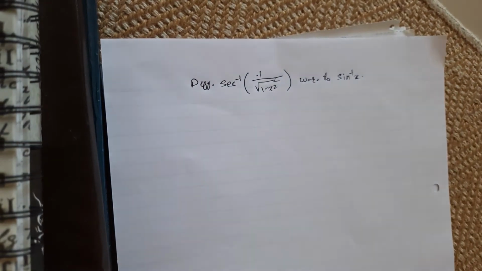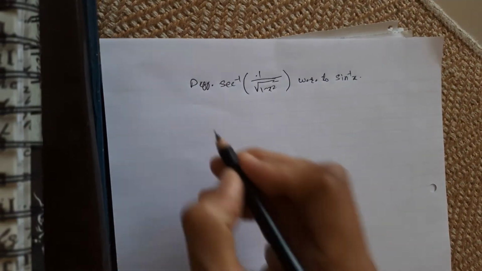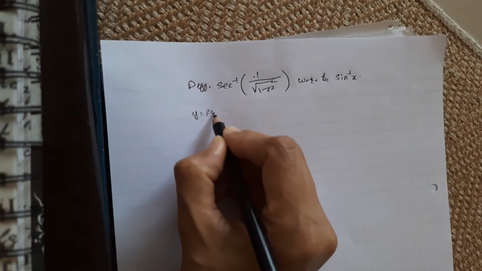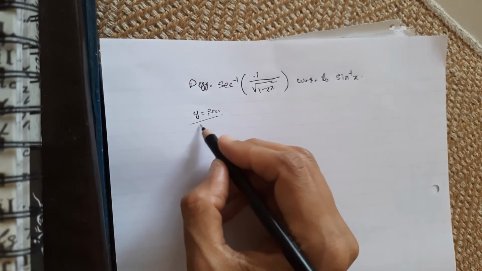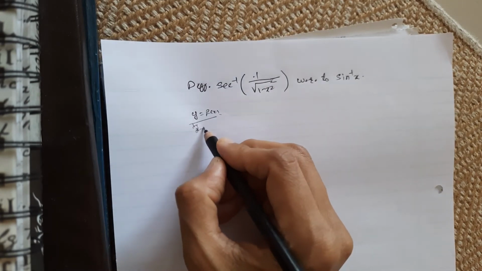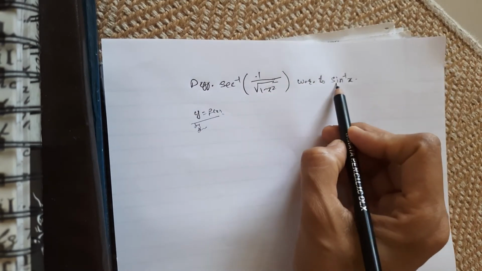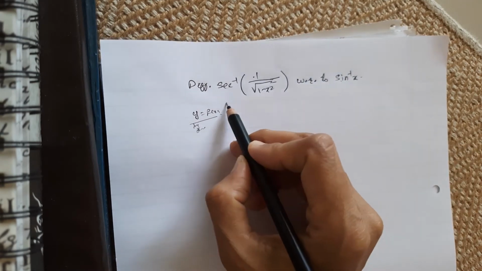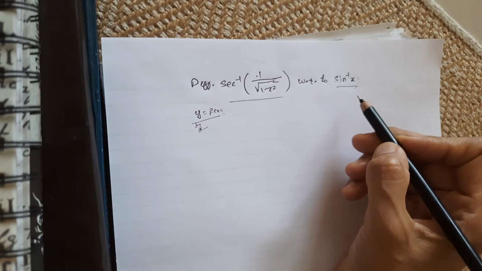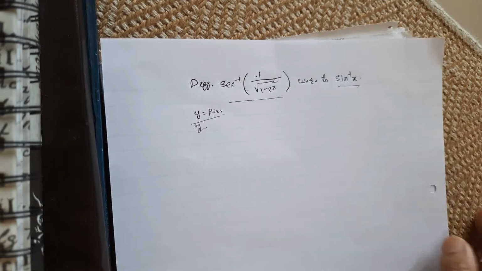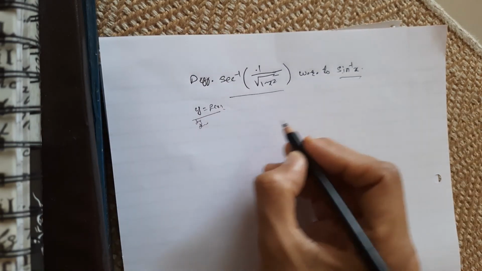Till now we have seen that y is given to us in the form of a function, and it is asked to differentiate with respect to x or find dy by dx. But now here two functions are given and we want to differentiate this function with respect to this one. So don't worry, it's just like a parametric function. See how we are going to solve it.